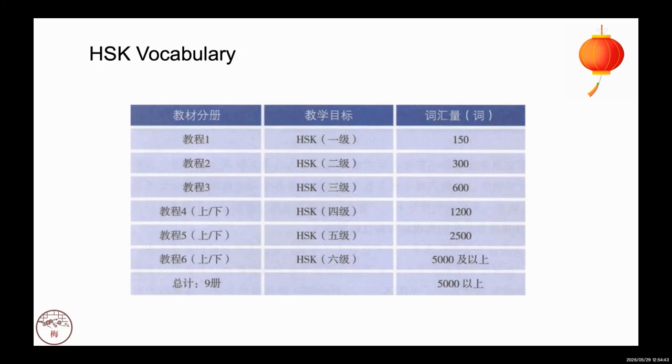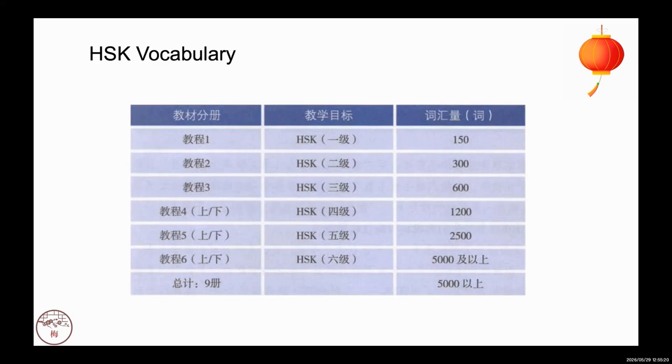So for each level, the vocabulary volume is different. Basically, for a native Chinese speaker, if the vocabulary is around 3,500, you can handle maybe 90% of the communication, either orally or in written form. 3,500.